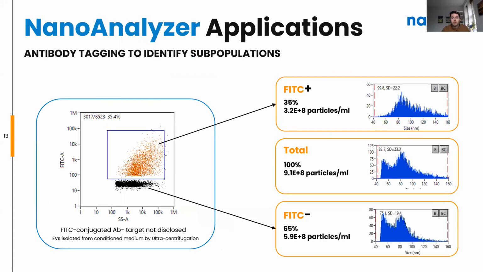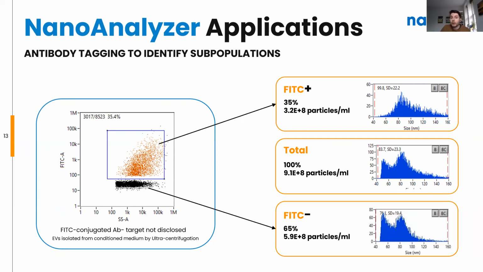A quick example of how easy it is to gain such valuable data is that in this simple procedure, EVs were incubated with a FITC conjugated antibody targeted for something unknown in this case. And what we can first identify is that we have our total particle concentration showing two populations on the size distribution.